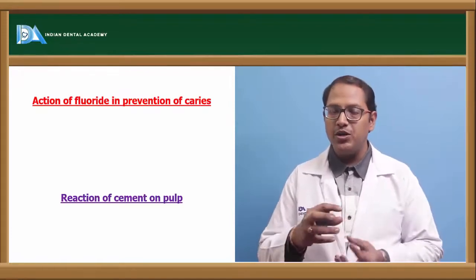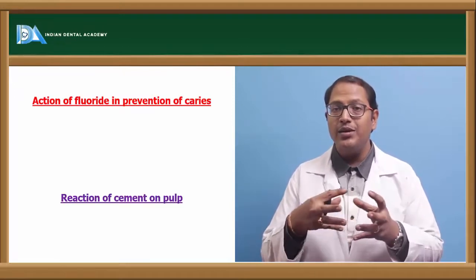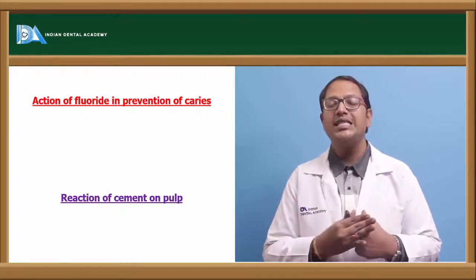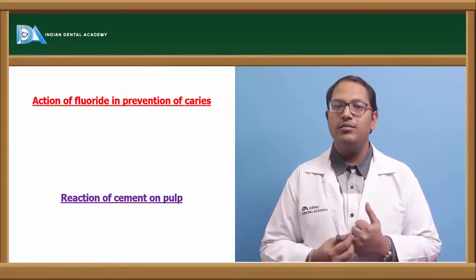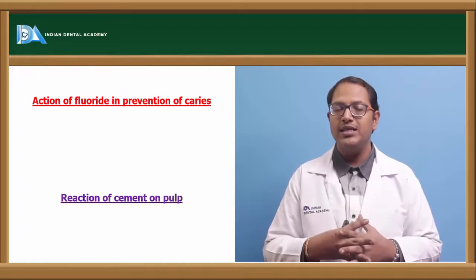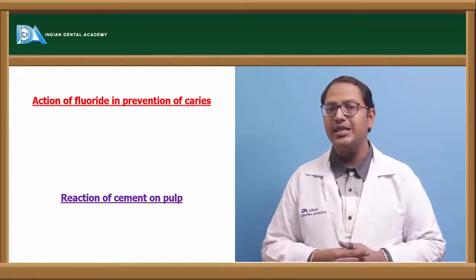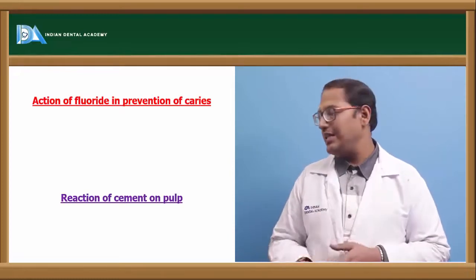So because of the more liquid that we are using for the luting consistency, it is becoming more acidic. So the reaction to the pulp remains acidic for at least a day or so, and then it goes to the next level of neutrality, that is 6 to 7 pH after a day, but till a day it is more acidic. So the reaction of GIC to the pulp remains acidic for at least a day.